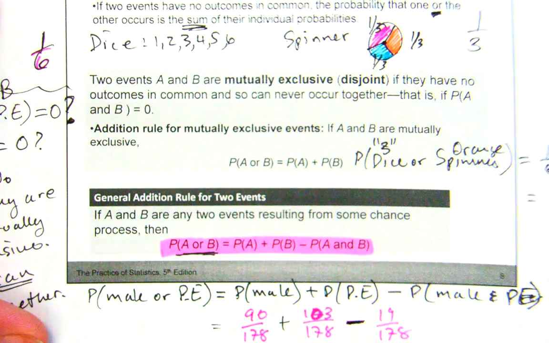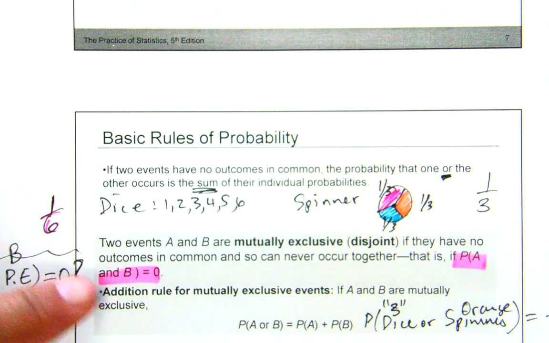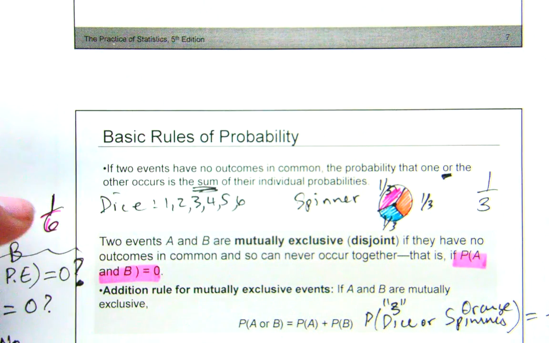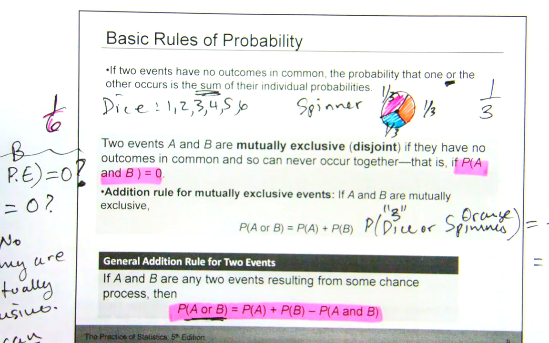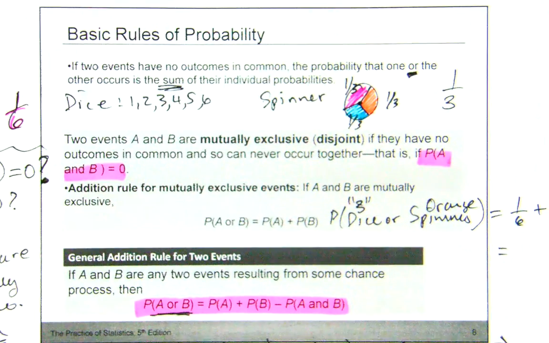That's the important one. And then for mutually exclusive, you have to check: is the probability of A and B equal to 0? If they are, they don't have any outcomes in common, so they can never occur together. If they're not equal to 0, that means they can occur together, which is what happened with the male and the pierced ears over here.